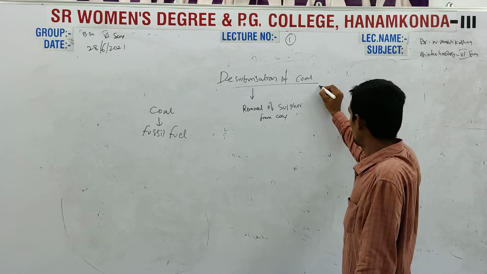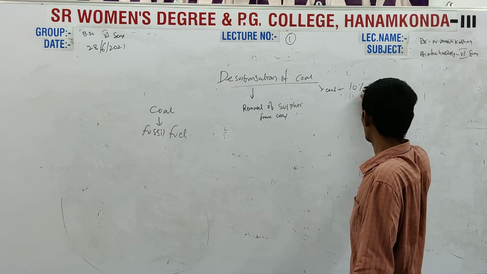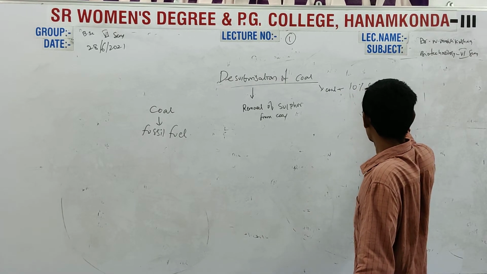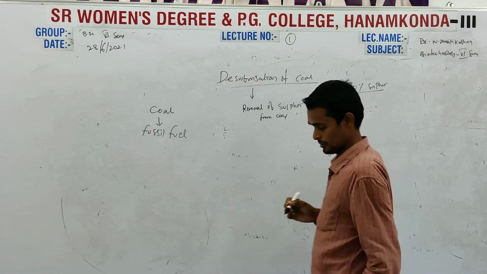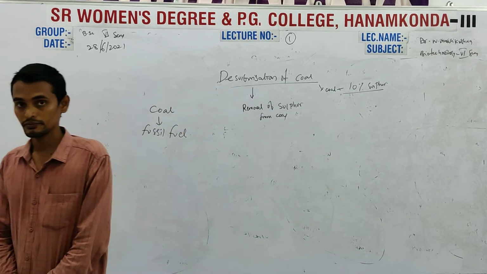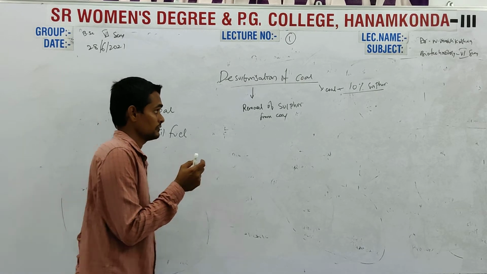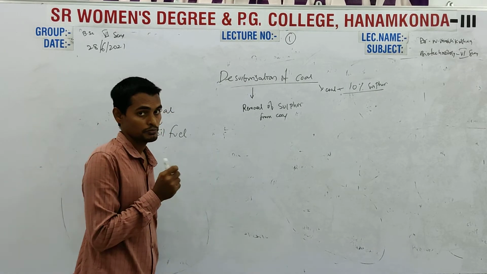If you see the composition of coal, it normally contains 10% of sulfur. The sulfur which is present in the coal has to be removed.